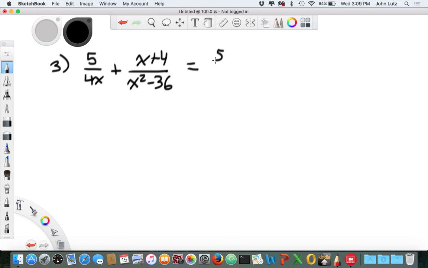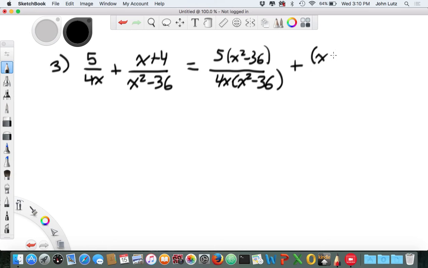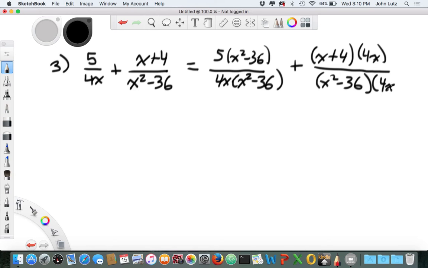So I'm going to get 5 times x squared minus 36 over 4x times x squared minus 36. To that, now I'm going to take this fraction and multiply both the top and the bottom by this denominator, plus x plus 4 times 4x over x squared minus 36 times 4x.